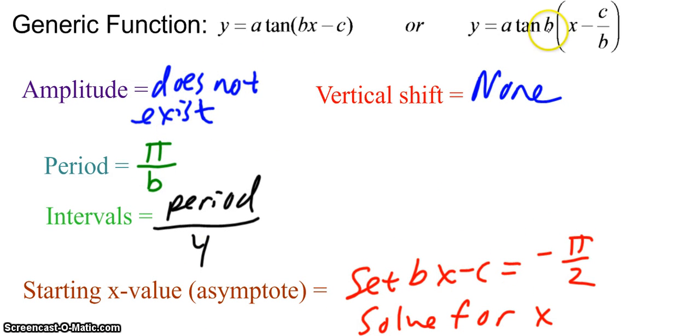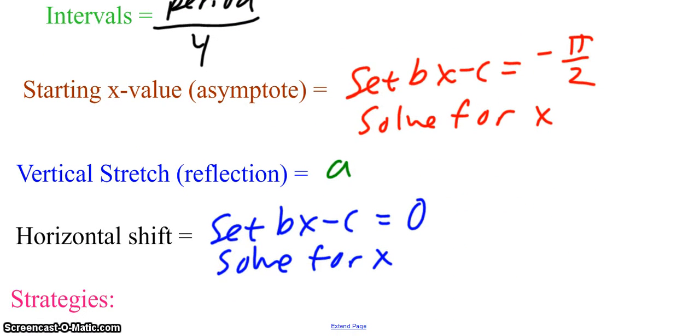Notice again here, this is the same as before. I showed you here we have b in the parentheses, here I have b factored out of the parentheses. So just as with the sine and the cosine, when I say set bx minus c equal to negative pi halves, or set bx minus c equal to 0, what I'm actually saying is set what is in the parentheses equal to negative pi halves or equal to 0.